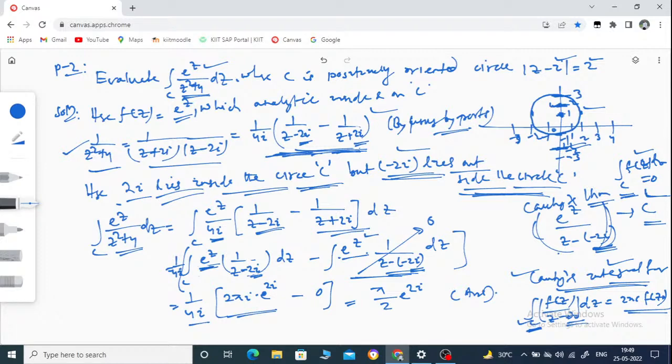Similarly, I'll do my last problem. So what is my problem? Find the integration over C of cos z divided by z into z square plus 8 dz.